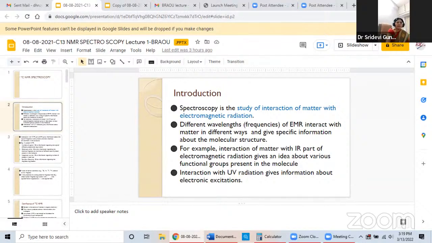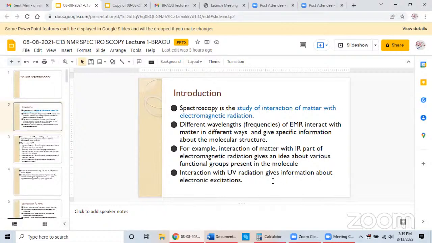Before discussing that, let us first understand the definition of spectroscopy. C13 NMR is also a kind of spectroscopy which gives different types of information about organic molecules. Actually, what is basically spectroscopy?